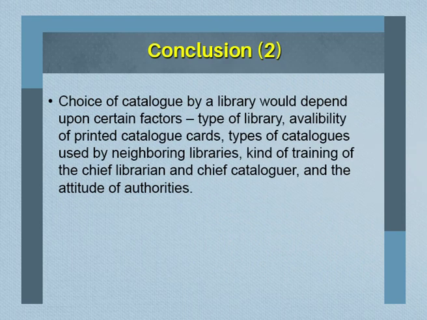So, the choice of catalog by a library would depend upon certain factors like the type of library, availability of printed catalog cards, types of catalogs used by neighboring libraries, kind of training of the chief librarian and the chief cataloger, and the attitude of the authorities.